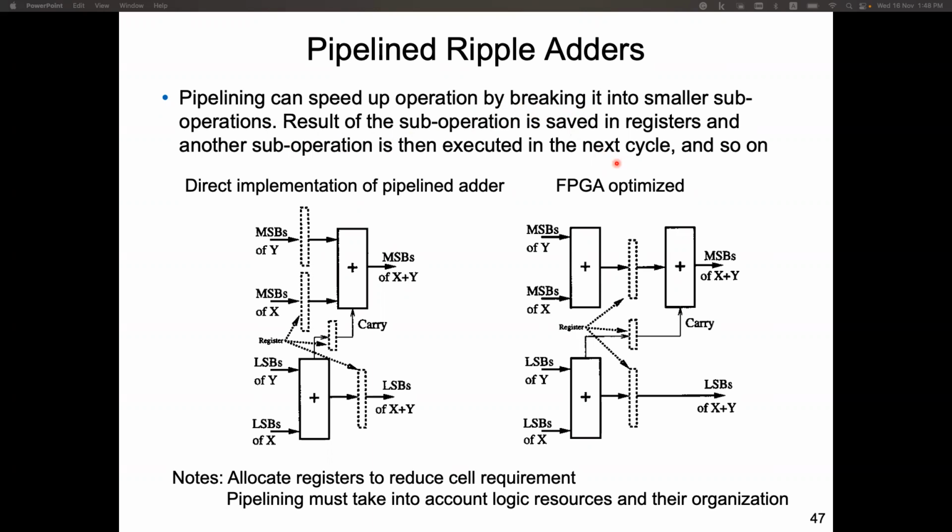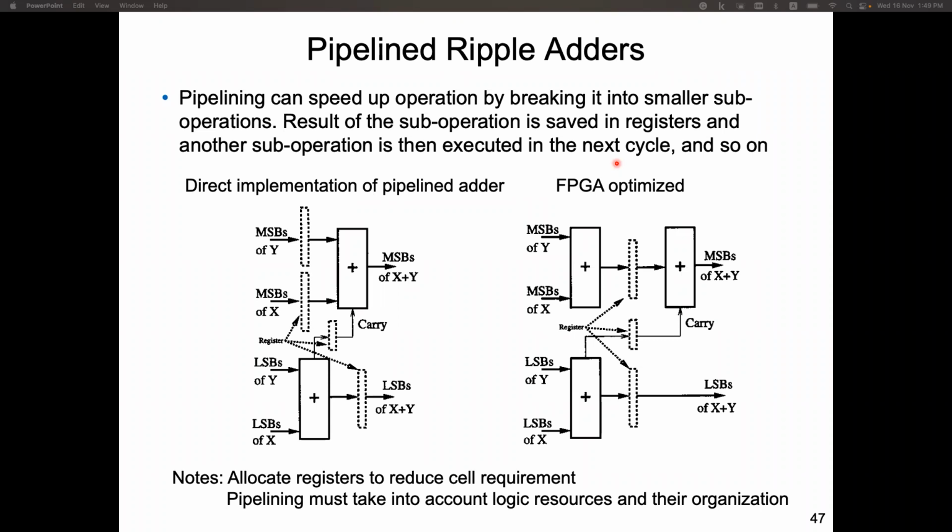It's like a pipeline in a manufacturing line. In each position, you perform a small task, and different positions perform different tasks. So the throughput will be high, but for every operation, it still needs to go from the first sub-operation to the final sub-operation. So the latency is still there, but the throughput is high.